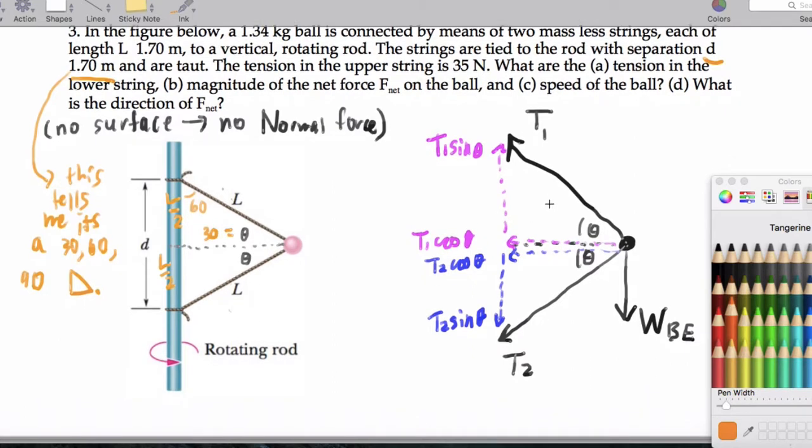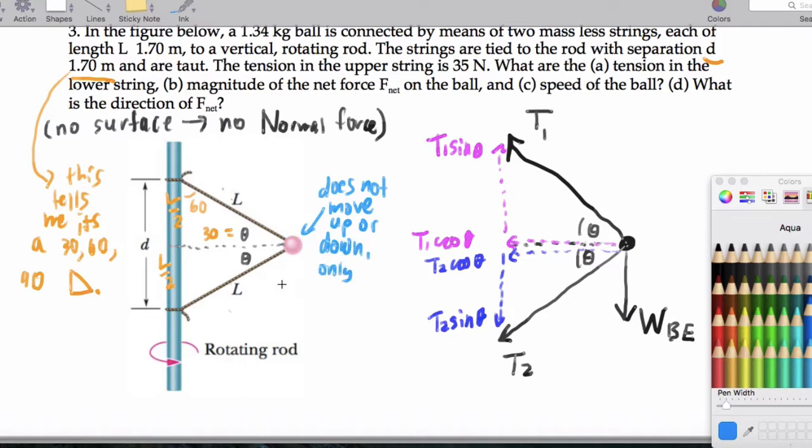So let's go ahead and set up Newton's laws in the x direction and in the y direction for the ball. So first of all, this little thing, it does not move up. So we'll just note something here. In the y direction, it does not move up or down.